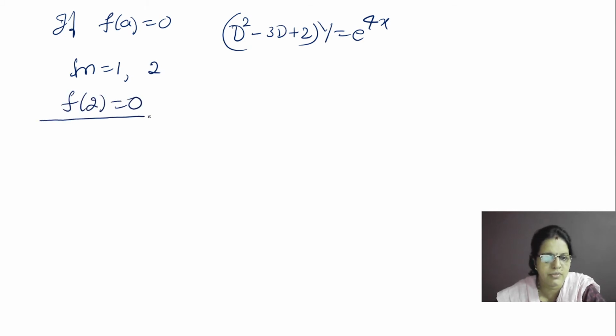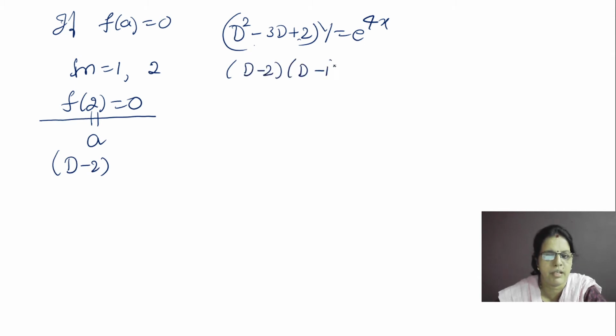So f of 2 is 0 means this we will take as a now. So d minus 2 is a factor, right? Actually m minus 2 if it is the auxiliary equation in m. So this can also be written as d minus 2 into d minus 1. This is our f of d then.